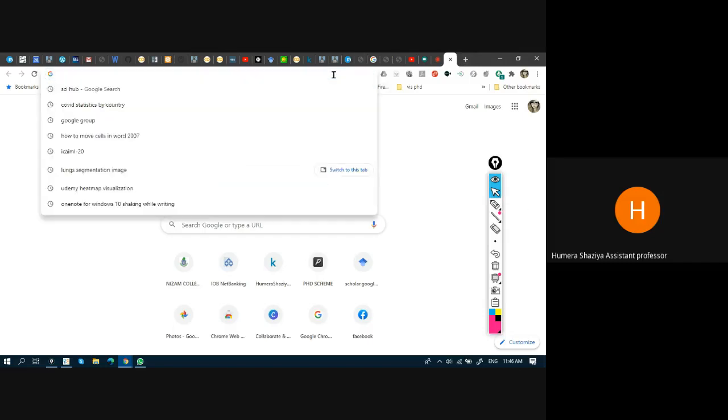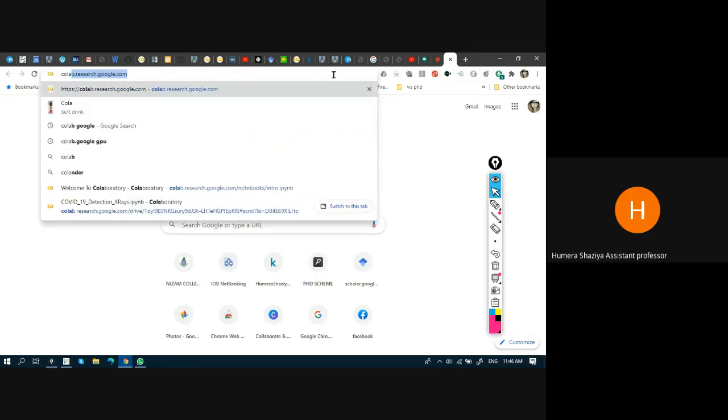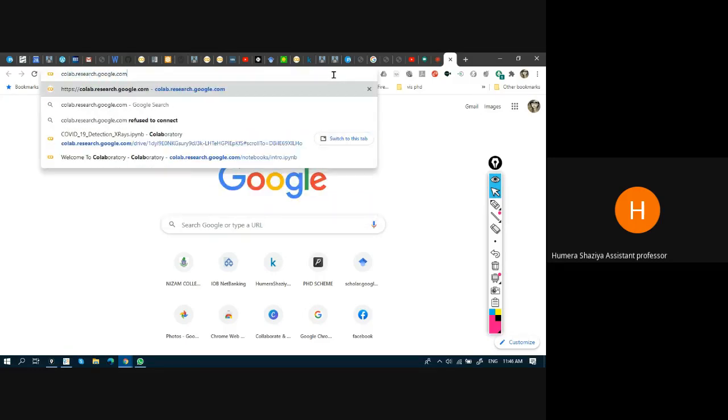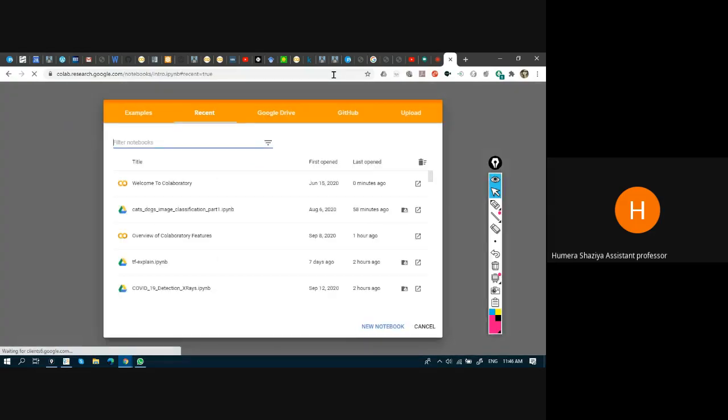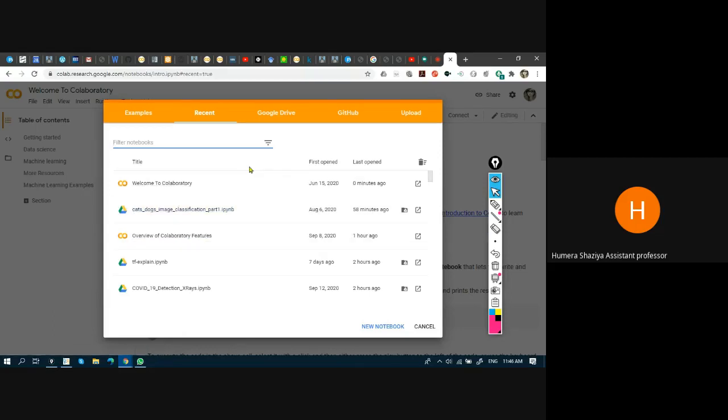One such cloud is Google Colaboratory. So type colab.research.google.com, type this URL and hit enter. These are all of the recent programs which I have done.